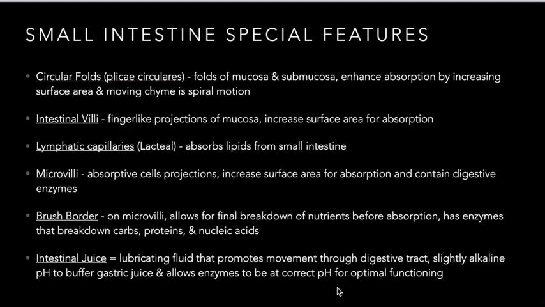If we don't have the structure that it needs to be, like if your tire isn't that perfect circle and it goes flat, it doesn't function to drive your car very well. We need that optimal functioning. We want that perfect pH so that enzyme structure is the right shape and it's going to be able to function correctly. So we need to have those alkaline buffers in there to help neutralize that gastric pH.